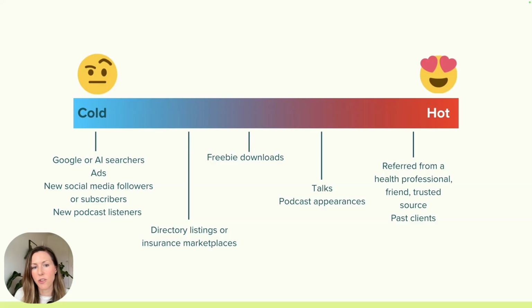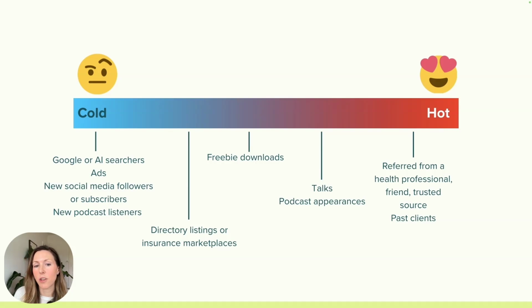So cold leads are those people who found you through Google, through AI search, maybe through ads, your new social media followers, your new podcast listeners. They don't really know you yet. Whereas leads that are a little bit warmer are ones who found you from directories or insurance marketplaces.